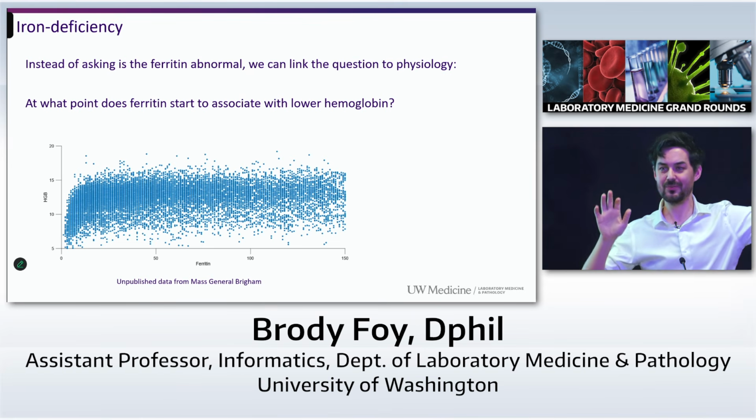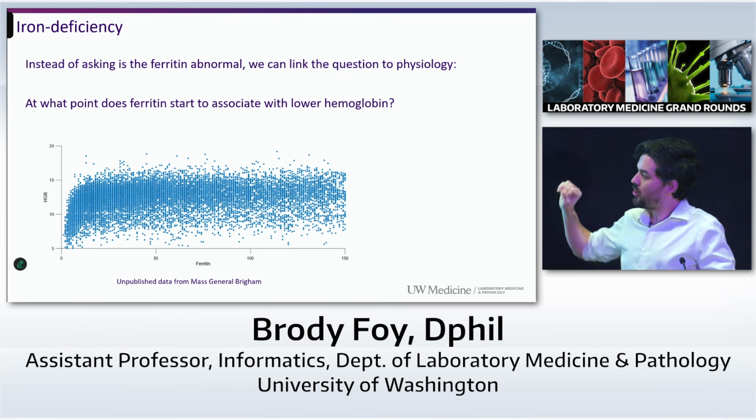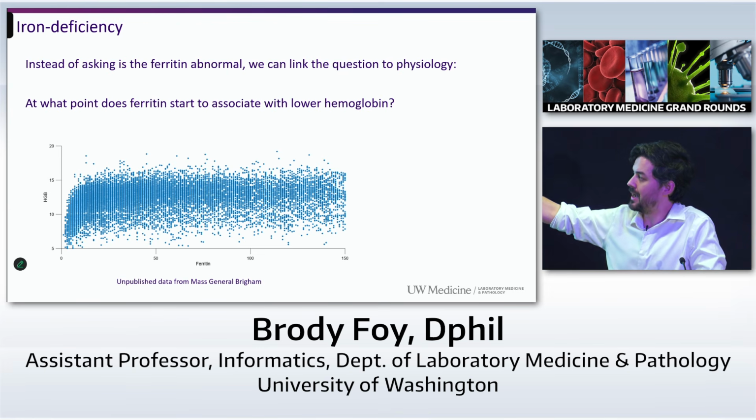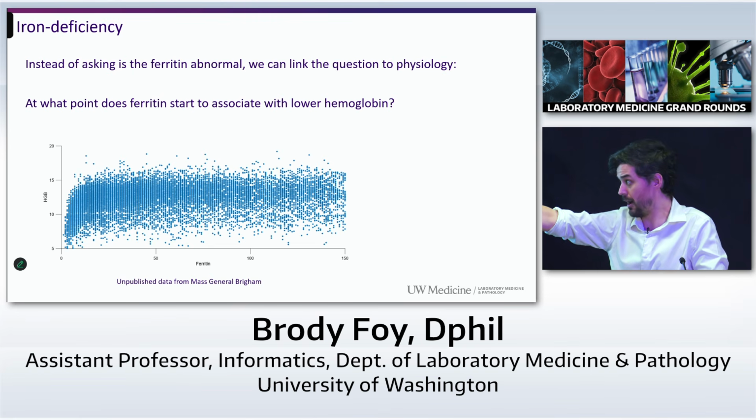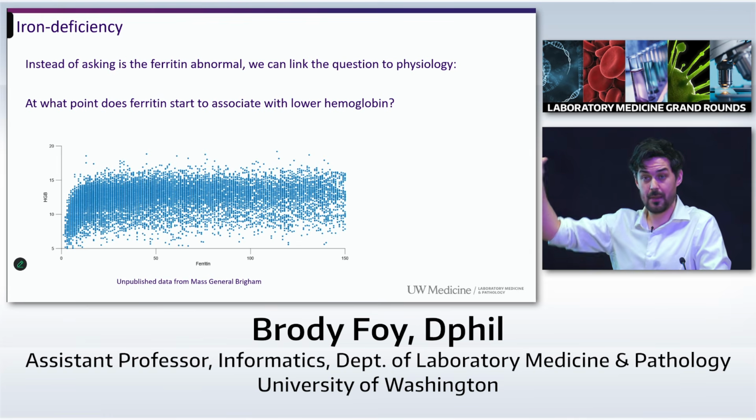Now, there's also non-anemic iron deficiency and some other considerations. But what we can think about for anemia is, here's a bunch of ferritin measurements and concurrent hemoglobin measurements, and we see mostly it's flat in the distribution, and then at some point we start to see this negative pressure coming down that curve.